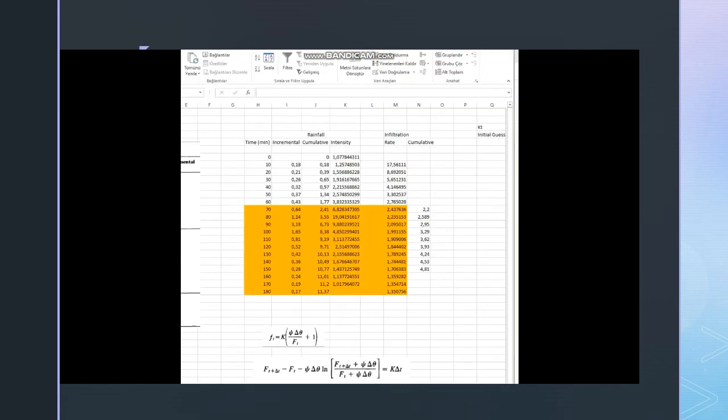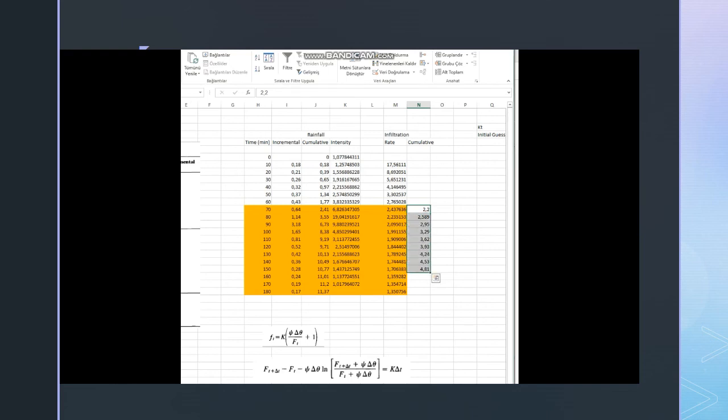Okay, I wrote down till here the cumulative infiltration by using this formula. So I changed FT, the new cumulative infiltration, these guys. I modified the infiltration rate till here, as you see.